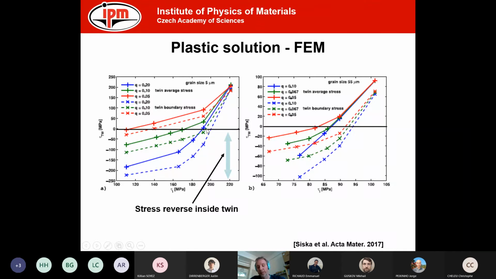What we said could be the equilibrium condition. We think that everything below zero includes the stress reverse, which is not physical, at least for the thick twin.